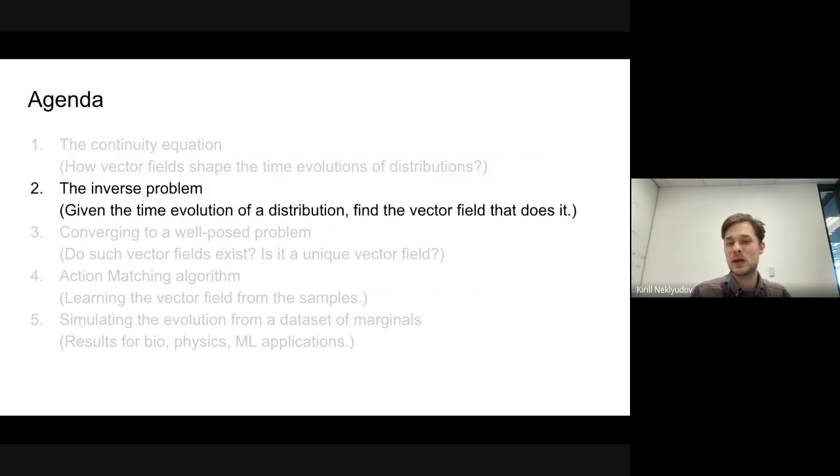Based on this, we can approach the inverse problem: we observe some change of the distribution in this one parameter, and then ask what is the vector field that does it, that guides all these samples of the distributions?